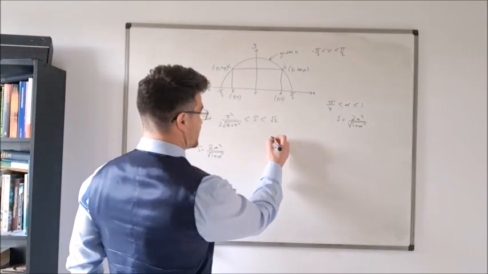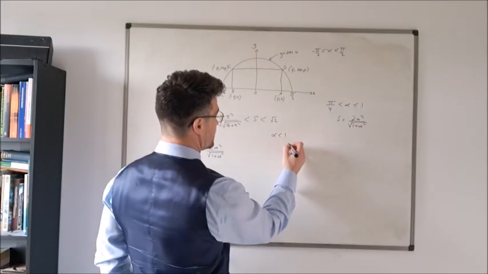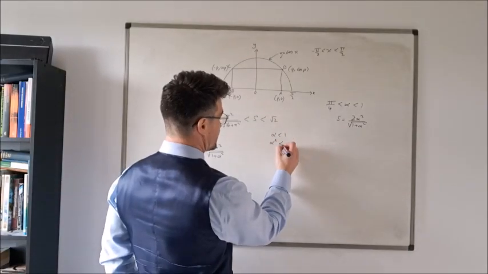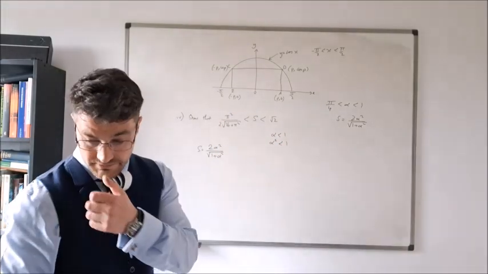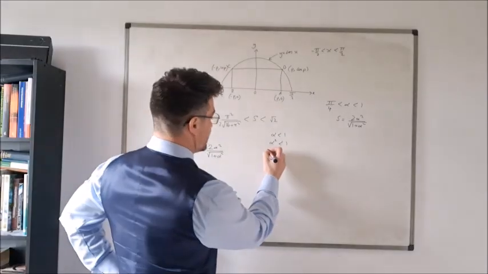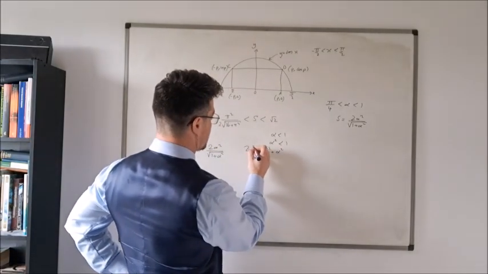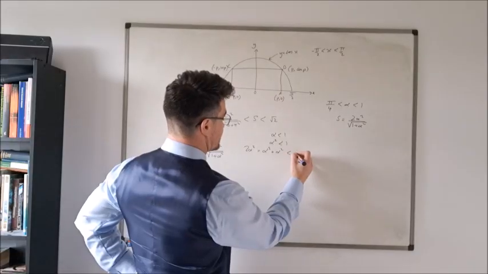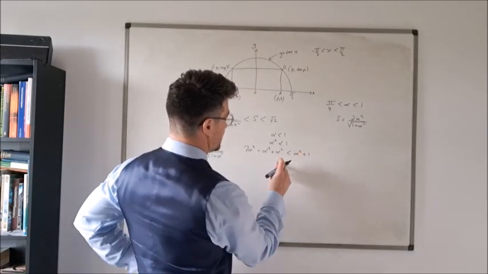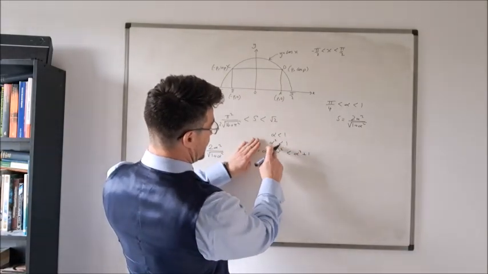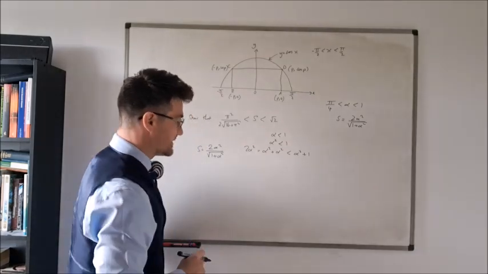Okay, but it starts with alpha is less than 1, so alpha squared is less than 1. Okay, and therefore alpha squared plus alpha squared, which is 2 alpha squared, is less than alpha squared plus 1. So all I've done here is just added alpha squared to either side of this inequality.